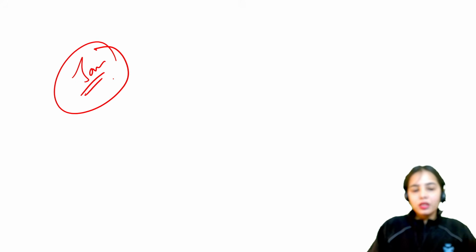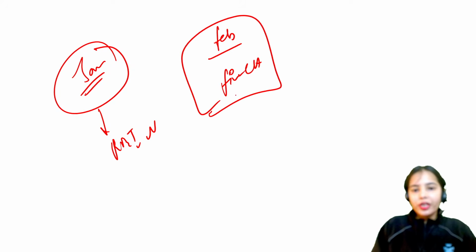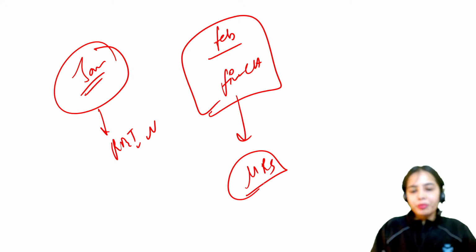See, if you have time or if you do not want to take risk, you can start from Jan for the RBI notifications, and you can start from Feb for the finance current affairs. For Feb, I have taken the monthly revision session. From there, you can understand the important finance current affairs.